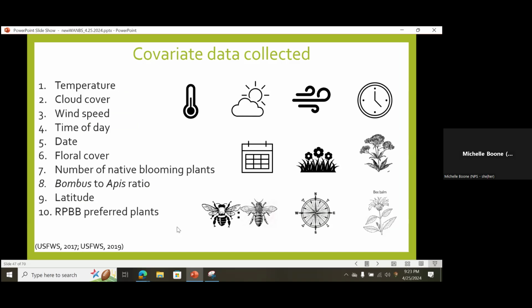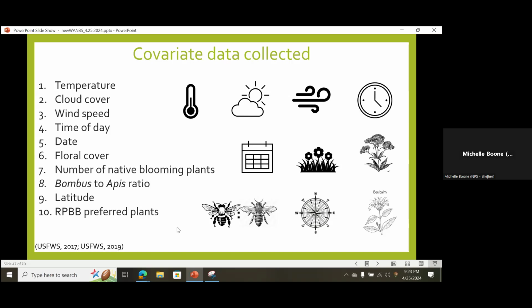So this time I collected covariate data for 10 different things: temperature, cloud cover, wind speed, time of day, date, floral cover. But floral cover, it's actually a category of floral cover, and I'll show you that later. Number of native blooming plants, Bombus to Apis ratio. So that's an interesting one, but it's directly from the Fish and Wildlife Survey protocol.